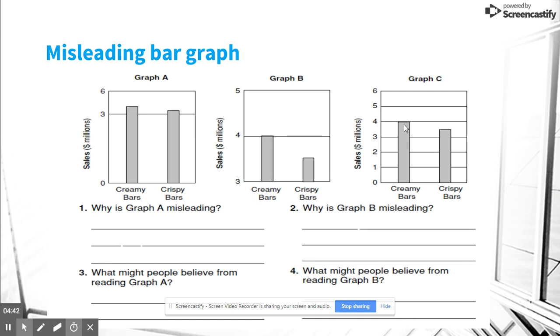The creamy bars, each company sold 4 million in sales, while they sold 3.5 million of crispy bars in sales. So if you didn't look at the graphs, you wouldn't know that it's misleading, and you would automatically assume that graph A shows that they sold the most candy bars.